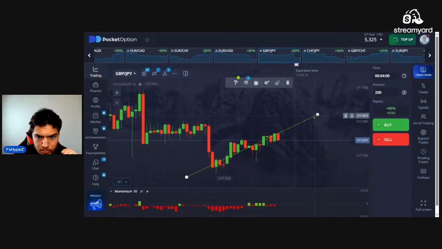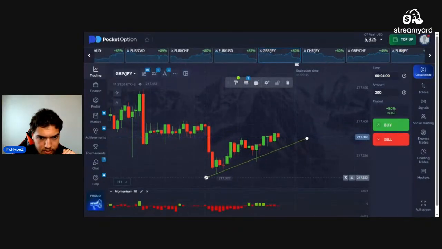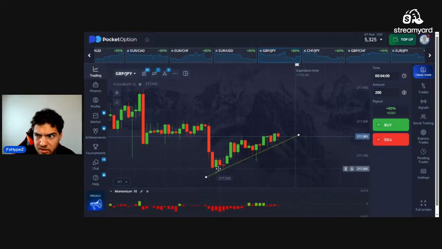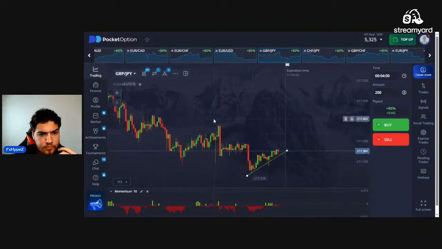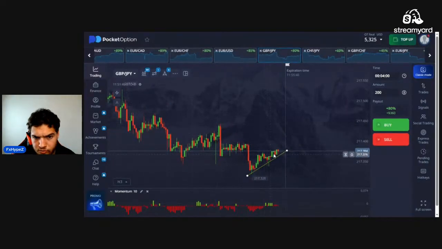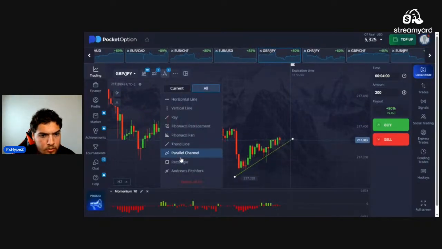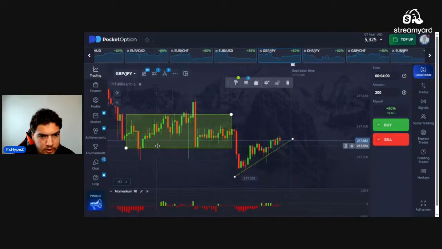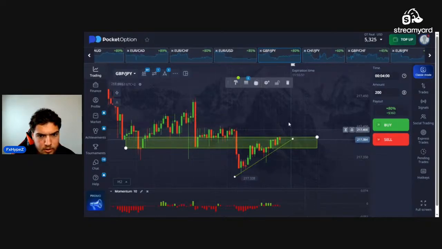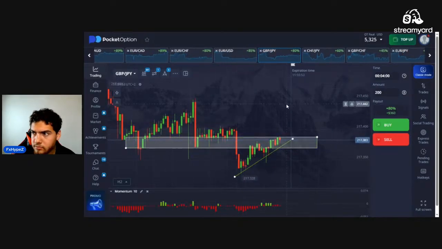I'll explain to you in a moment. So obviously, as you can see, we have this trend line here with 2, you could argue maybe 3 touches. GJ is very much in a downtrend. We have some resistance here, which is just a rough estimate of where it is.